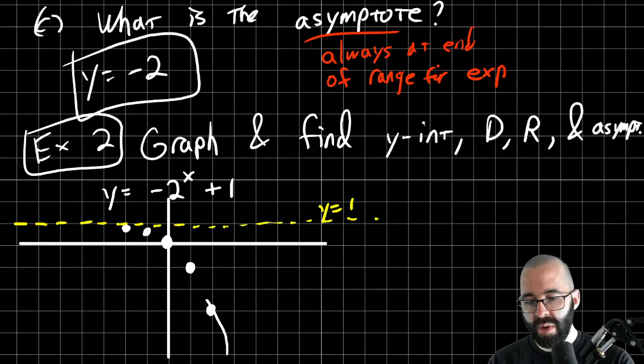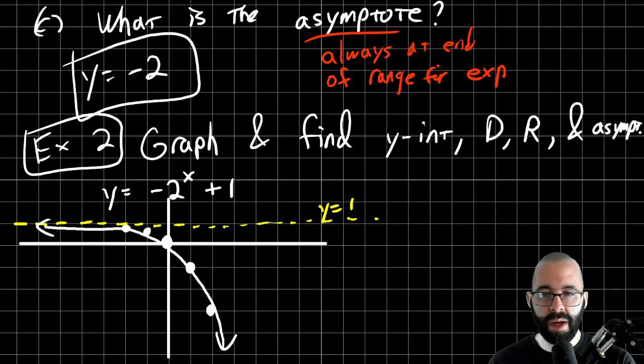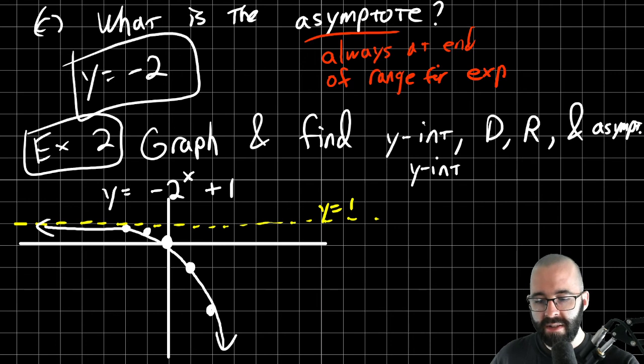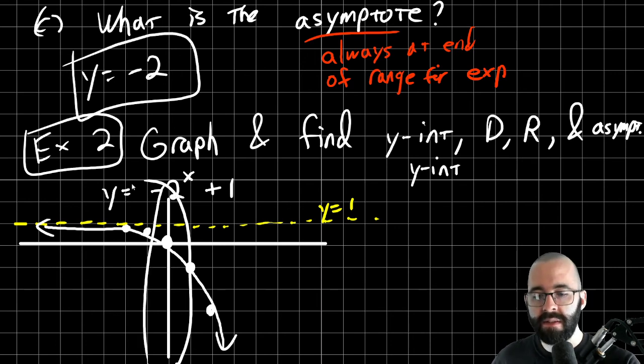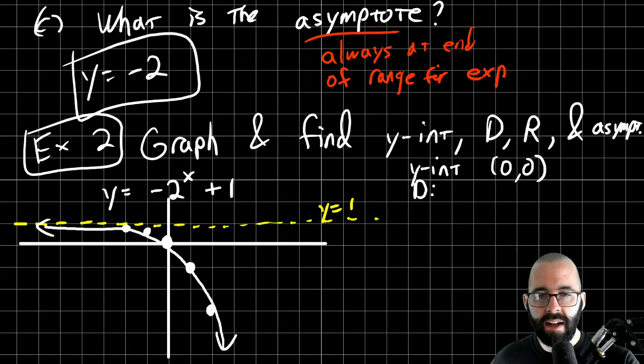And once you have quite a few points, now we can sketch the graph on our own paper. And it should look like that. The y-intercept, where does it cross the y-axis? At the origin, 0, 0. The domain of any exponential function is all real numbers.